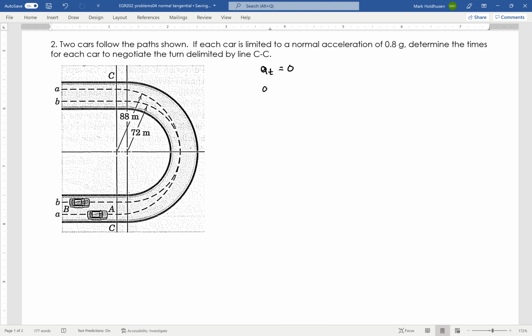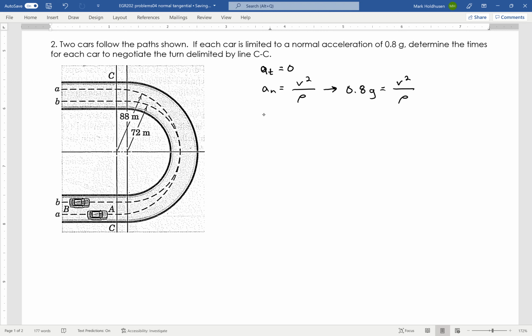And that my normal acceleration is then v squared over rho, which for both cars will be 0.8 g equals v squared over rho. Now, there'll be different rhos for each one, but the g will be the same, and from that, we'll be able to figure out what the velocity would need to be.